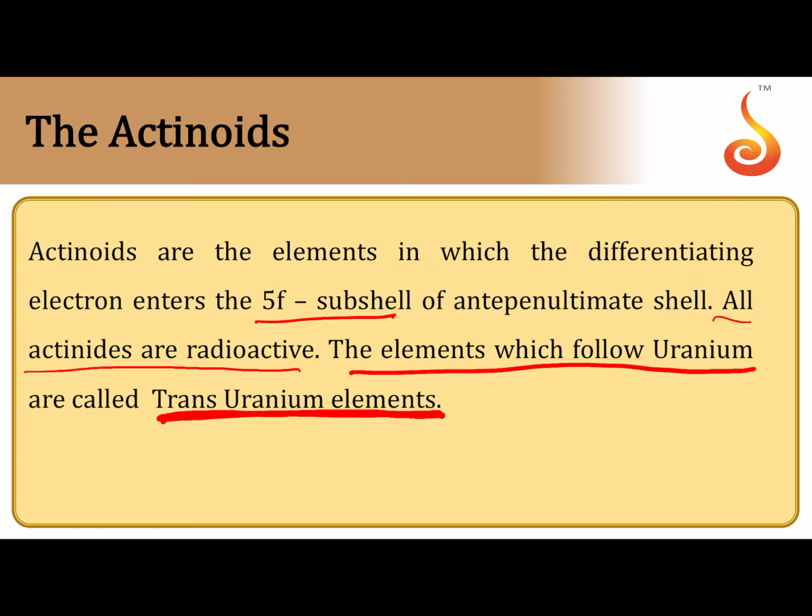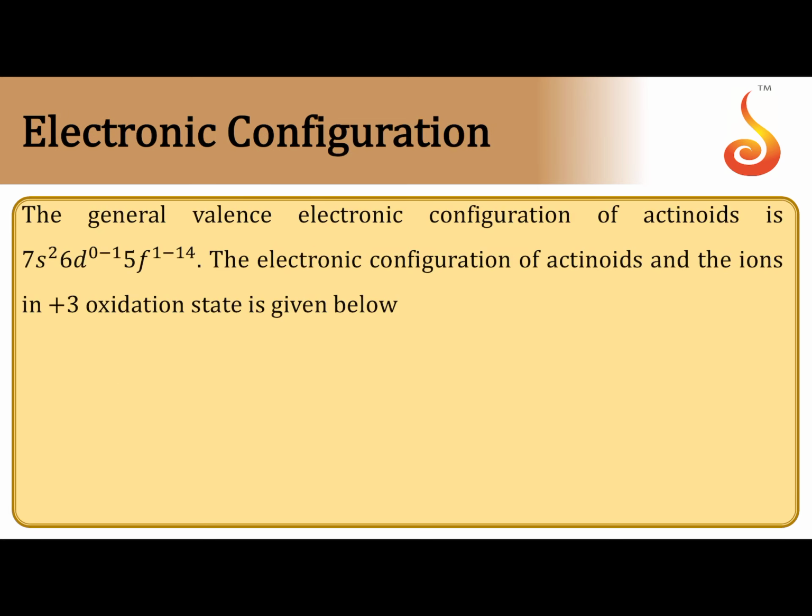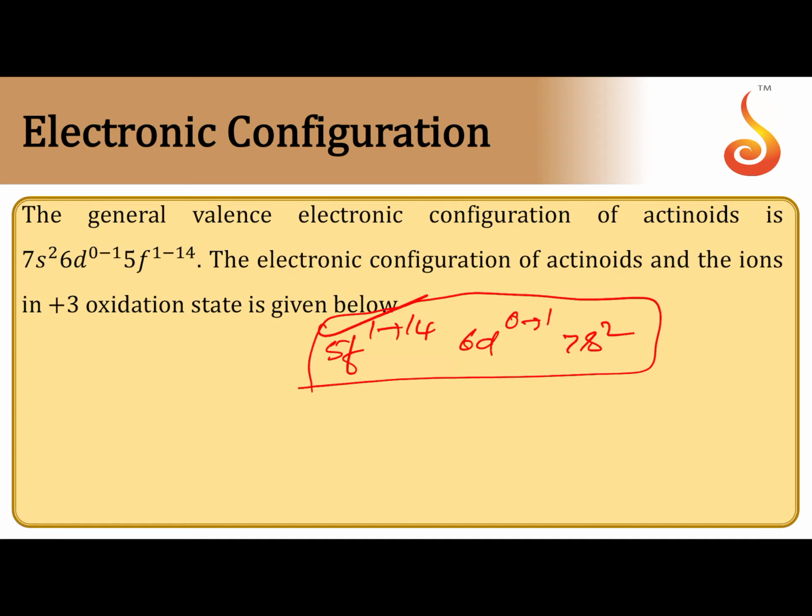From 93 onwards, they are all synthetic or man-made elements. The electronic configuration of actinoids is 5f 1 to 14, 6d 0 to 1, 7s2. Since the differentiating electron enters into the 5f subshell, these are also called 5f series.